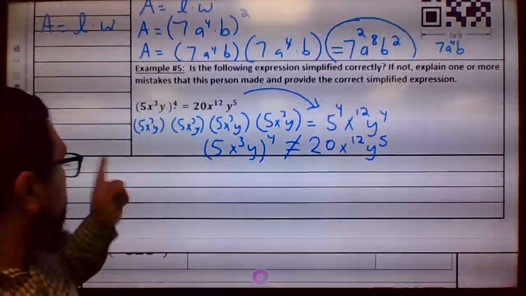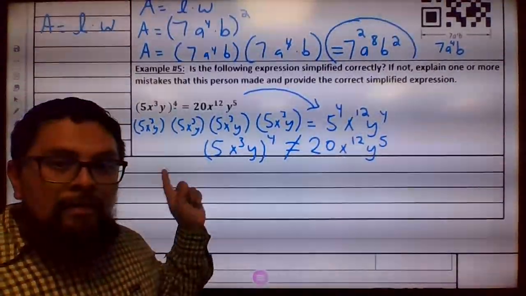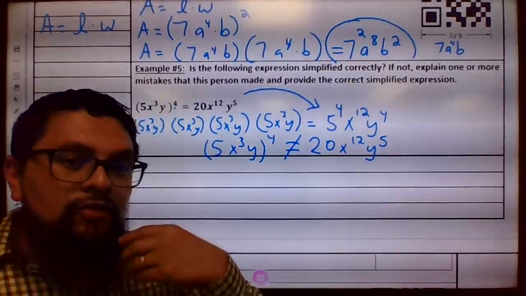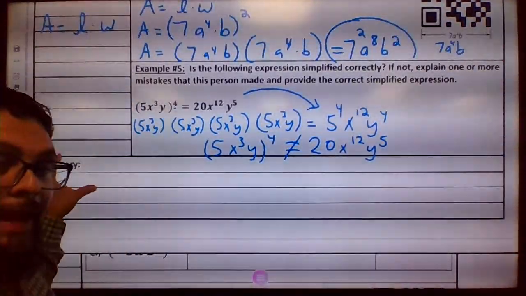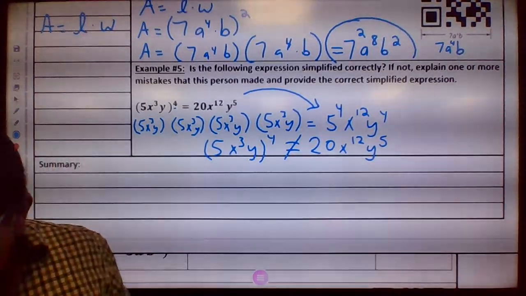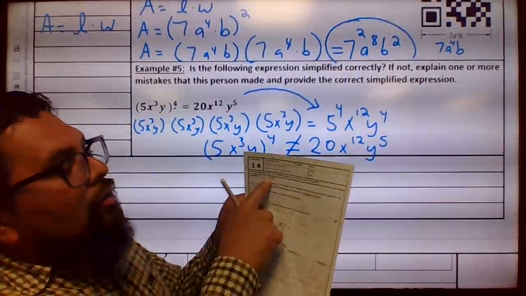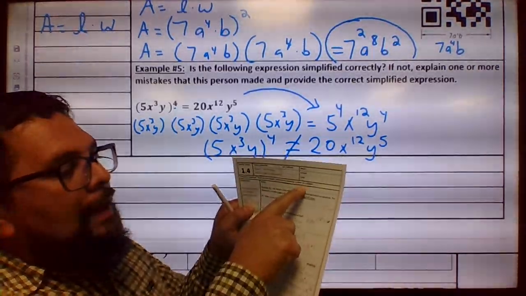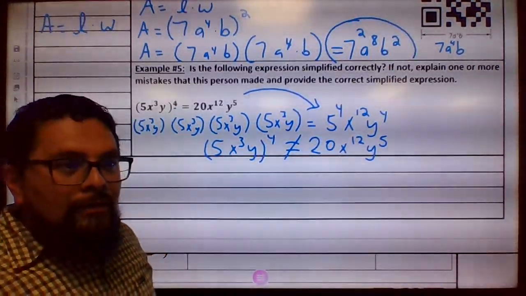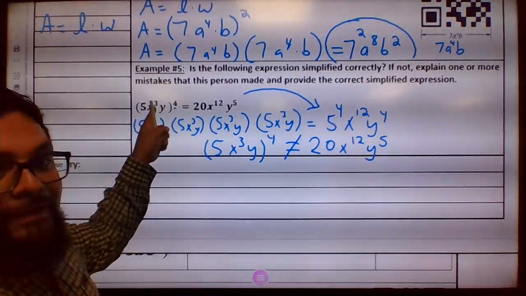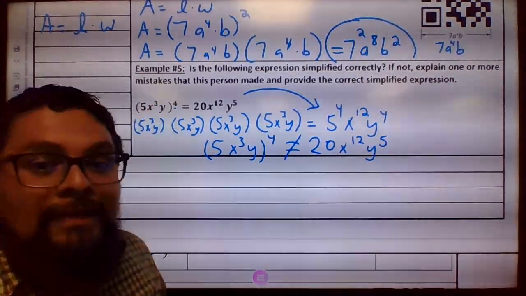All right, let's go ahead and summarize this. I'm going to give it to you verbally and you're going to write it on here. So the essential question: how do you simplify expressions involving a power of a power? When we have something like this, how do we simplify that?